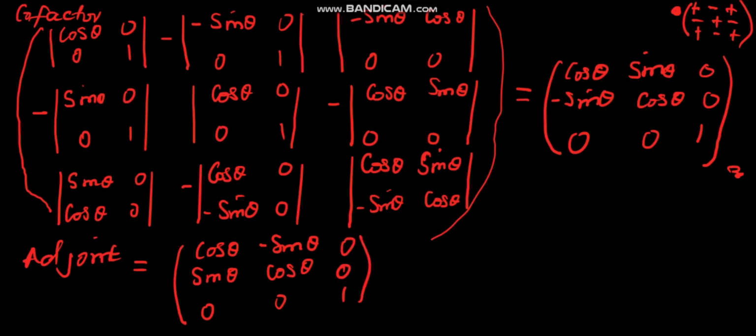So now the inverse of this matrix. The inverse is simply equal to 1 over the determinant, multiplied by the adjoint of the matrix.